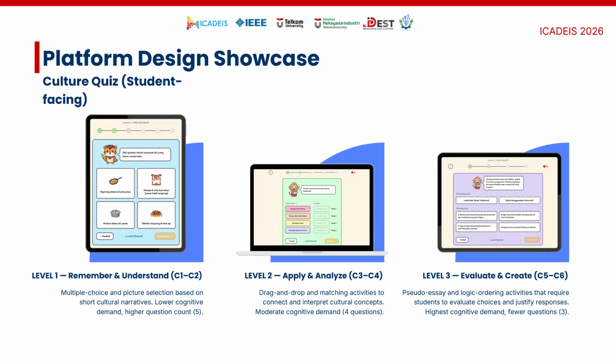Level 2 introduces more active activities such as drag and drop and matching to support deeper thinking and connecting to other concepts. Level 3 encourages students to justify their answers through reasoning-based questions like analytical learning. Next.